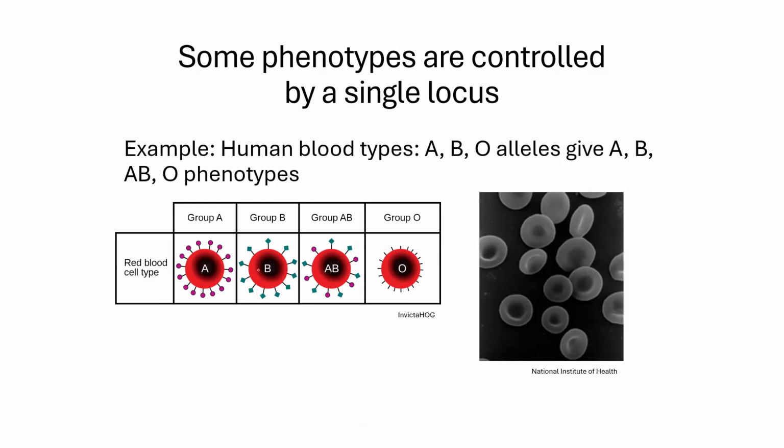So we have one set of genes that are responsible, and they can either be singularly expressed or doubly expressed. And in cases where you might have, say, AB blood, it's because you got one A and one B from your parents, and A and B are equally expressed, and therefore you have AB blood.